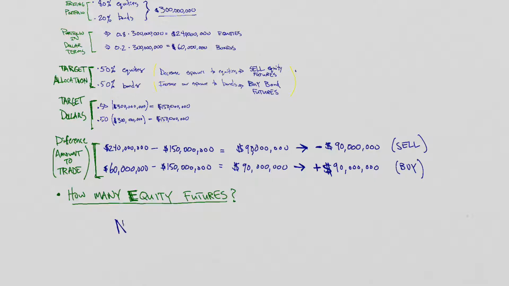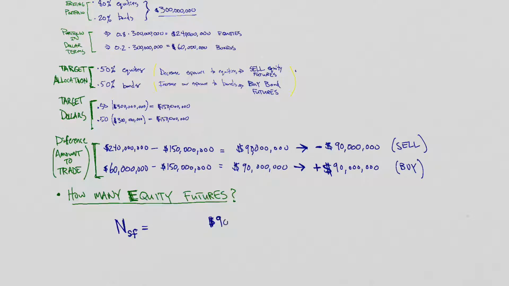The number of stock futures, equity futures, that we need to buy or sell. In this case, we know that we need to sell because we're decreasing our equity exposure, is equal to the dollar amount of stock exposure that we want to get.